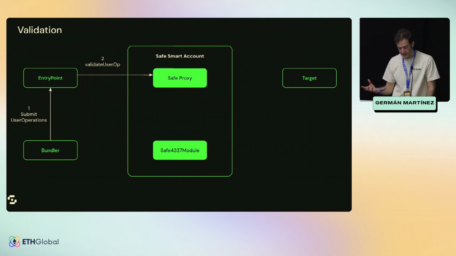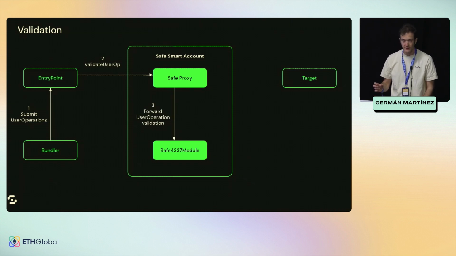So first of all, let's say we have just one user operation. It will be sent to the account. Here the Safe proxy, your personal account, will receive a call of a function that is validate user operation. If you remember, Safe is not giving support natively to this ERC, but using the module. So we have the Safe 4337 module implemented as a fallback handler that will be able to handle this call.